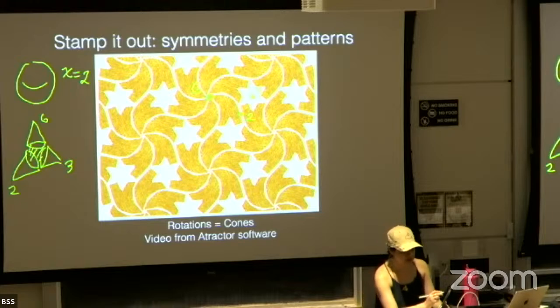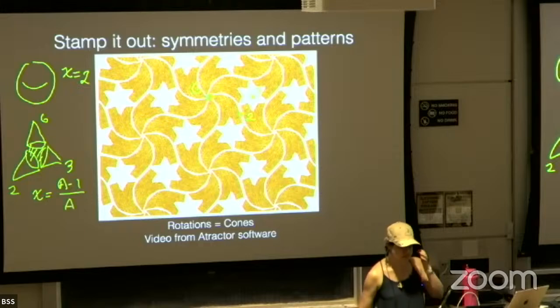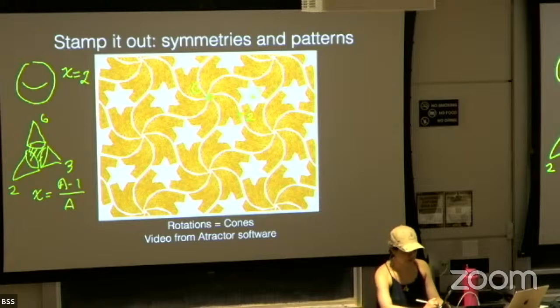So the Euler characteristic for each of these, for a rotation, is a minus 1 divided by a. We worked out before for the 6-fold rotation that was 5/6.